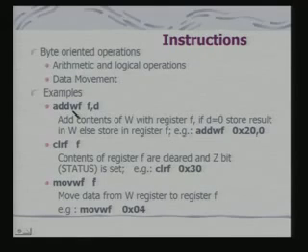When it executes, what happens? The contents of register W is added with register F, and if D equal to 0, the result is stored in W, else the result is stored in the register F. In fact, D is indicating your destination bit, which we had discussed in the instruction format.